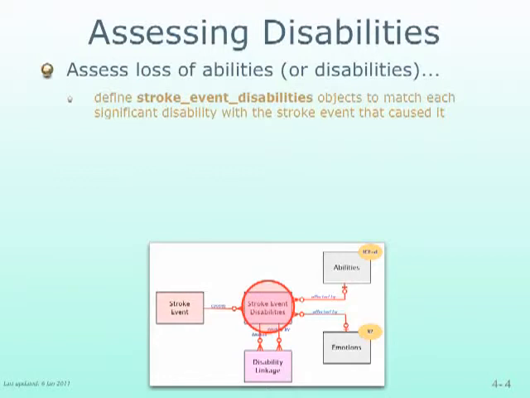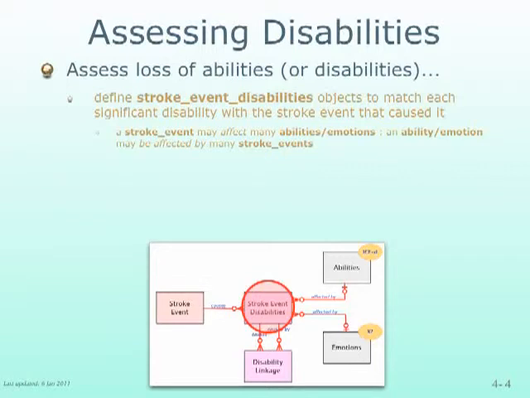This relationship can be expressed in the following way. A stroke event may affect many abilities or emotions, and an ability or emotion may be affected by many stroke events.